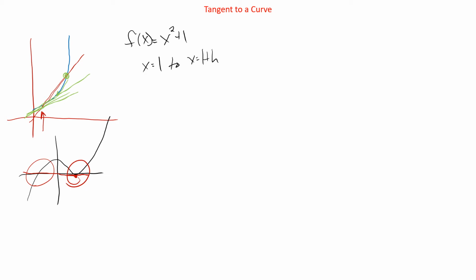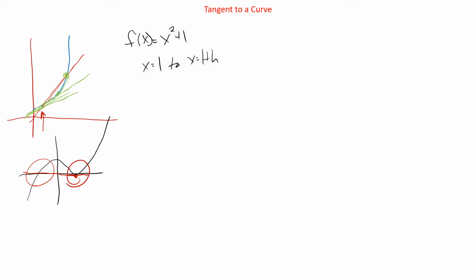And what we're going to do is end up taking the limit as h goes to 0, because that would put it right down to be nothing, essentially giving us the slope of the line at that point. So how are we going to do this? We're going to do it the same way.